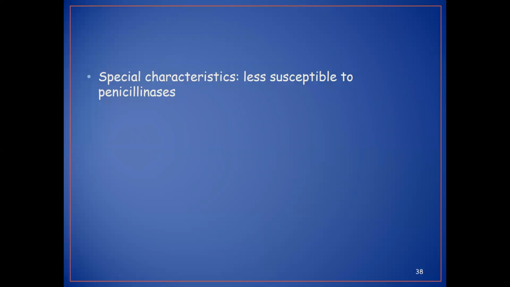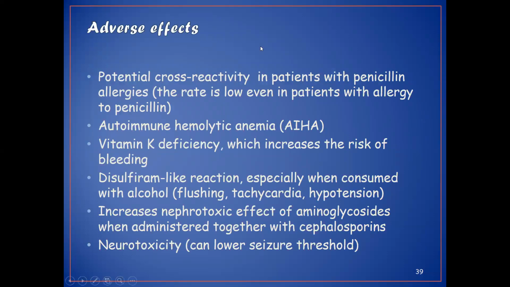Special characteristics include that they are less susceptible to penicillinases. Adverse effects: potential cross reactivity in patients with penicillin allergies, though the rate is low even in patients with allergy to penicillin.